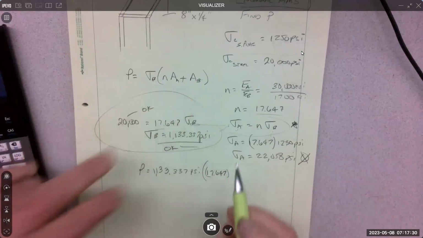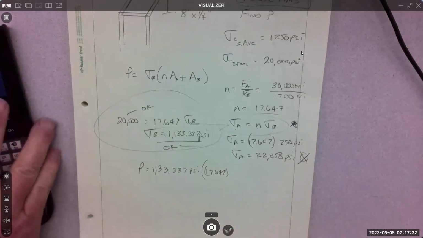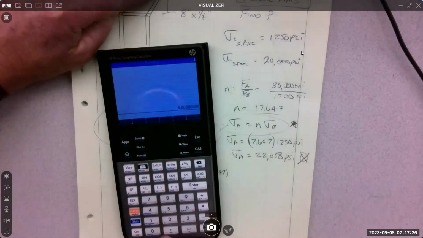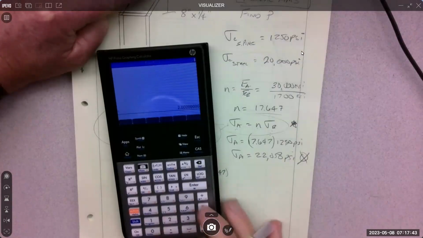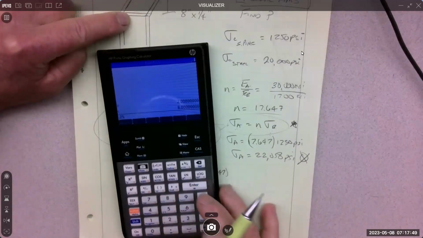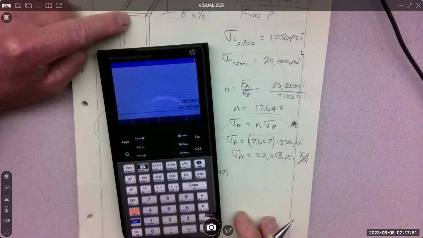So I'm going to actually just calculate it real quick. It's 8 times 0.125, and so that's 1, and that's times 2 of them, right? And then it's 8 and 0.25, and 2 of those.